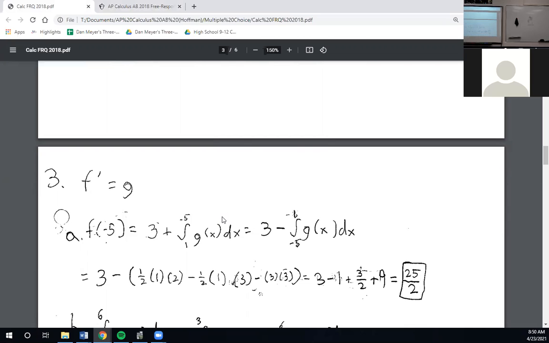Well, then that is the integral from 1 to -5, because since f prime is g, that means the integral of g, the integral of this graph that's in front of you, is going to be f. So if I want f of -5, I want the integral starting at 1 and ending at -5, which I'm going to switch my bounds and make this a subtraction.